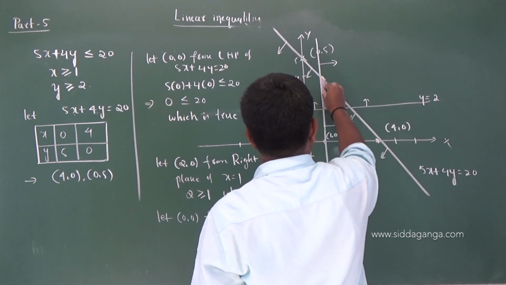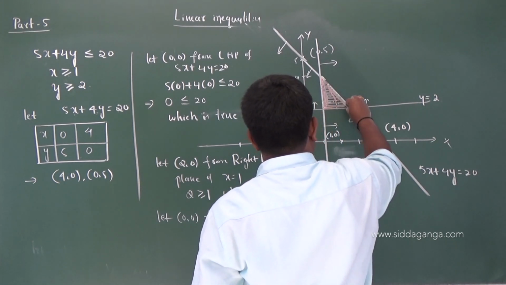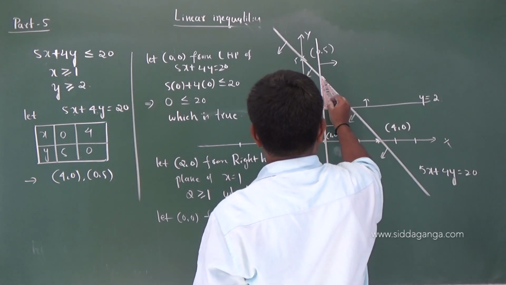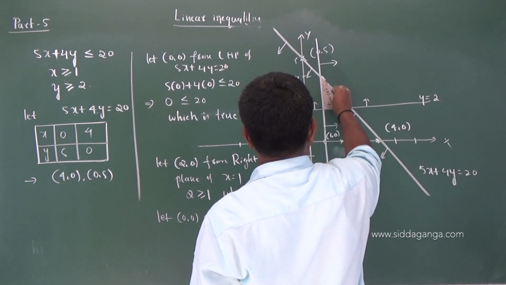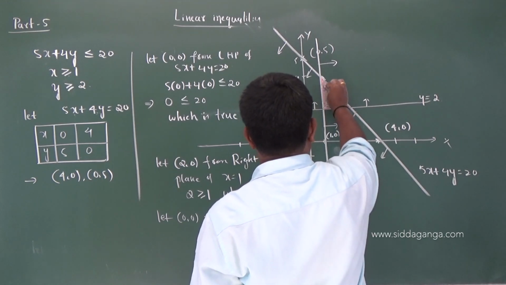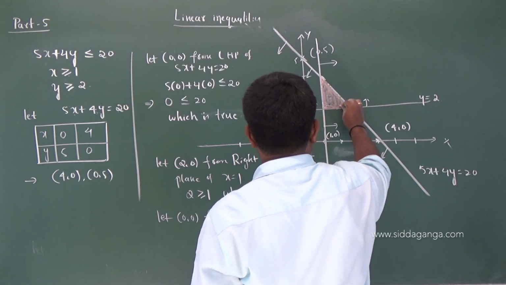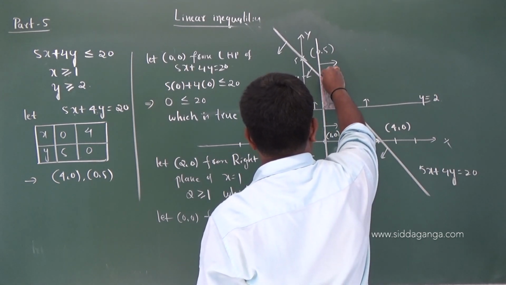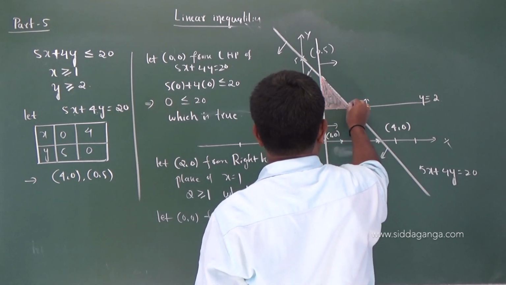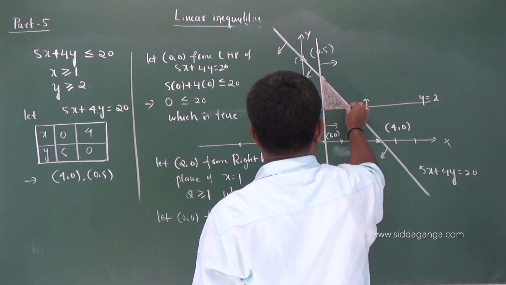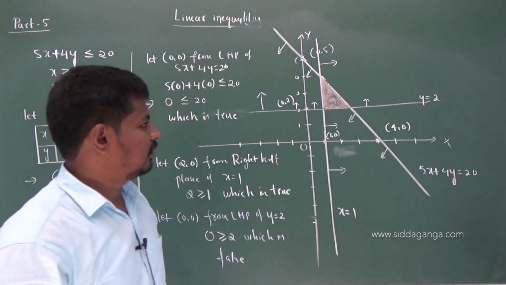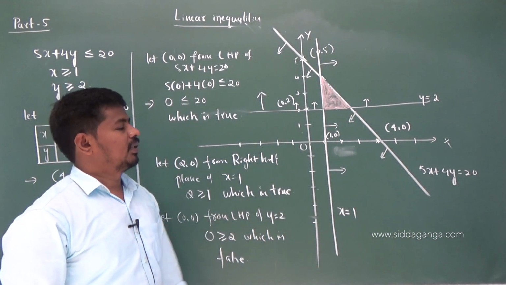So it is very important. Students, it is usual that you will be confused in finding the common region, but don't be confused. Listen to the class carefully, and definitely you will be able to find the common region.